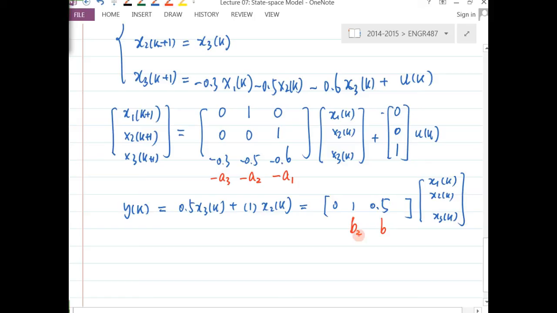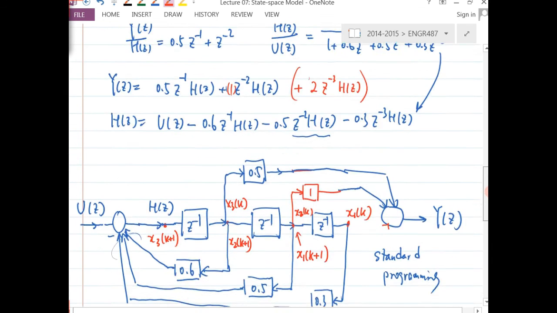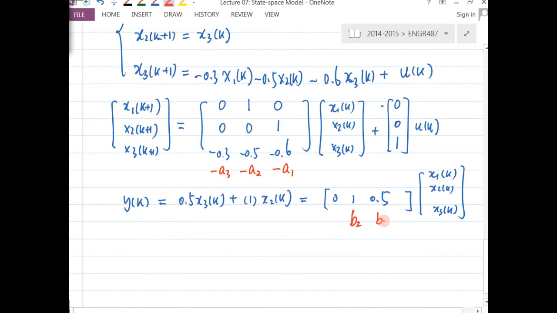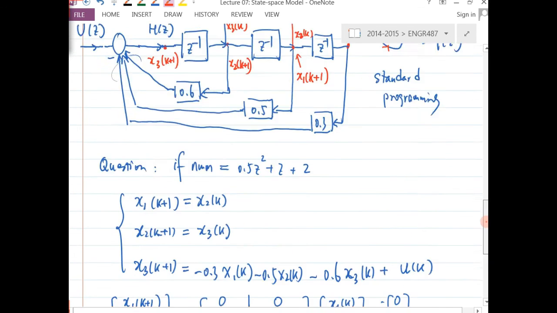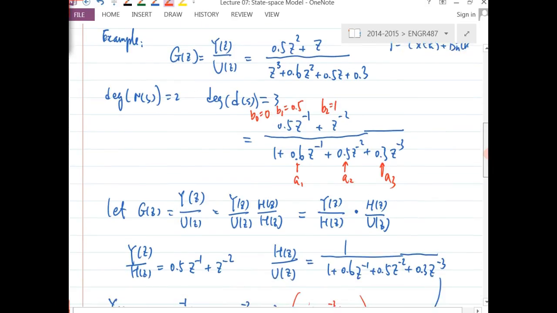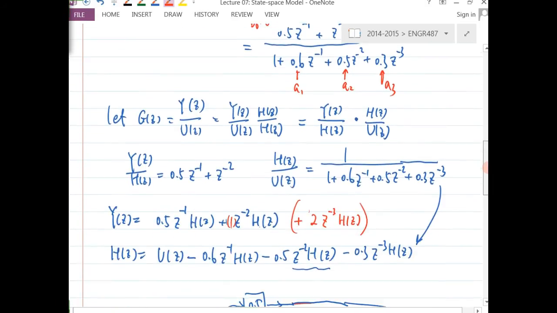This is B1, right? So what's 1 again? It's B2, B2, and B1. Okay? Is that good? Okay. So, as a matter of fact, in this particular case, based on the numerator here, the B0 is 0. The B0 is 0.